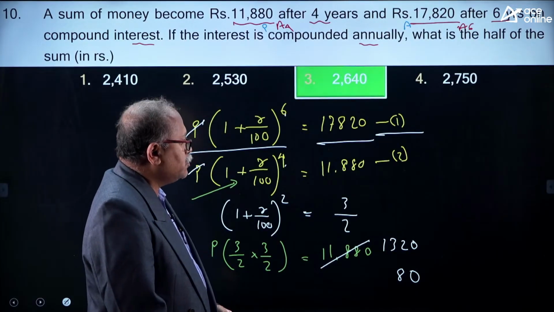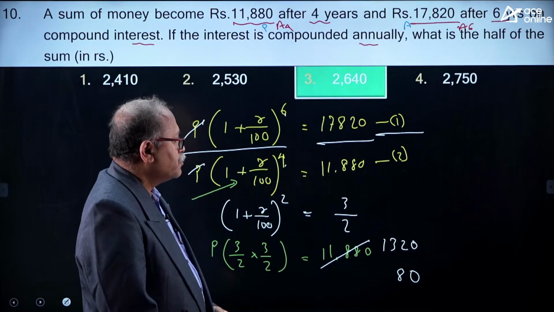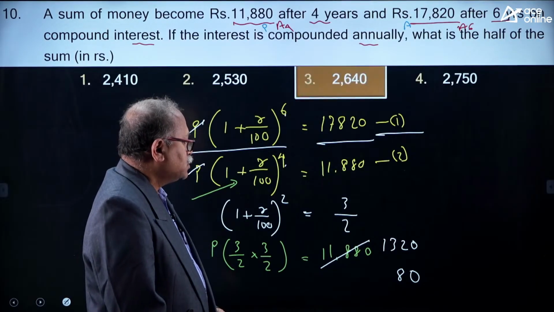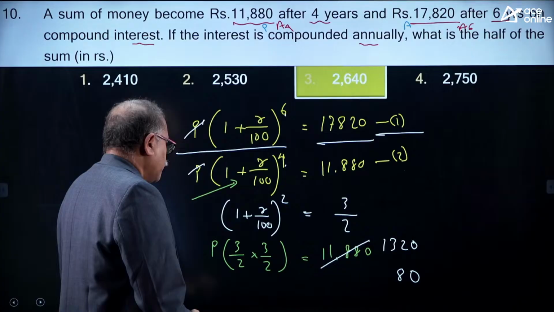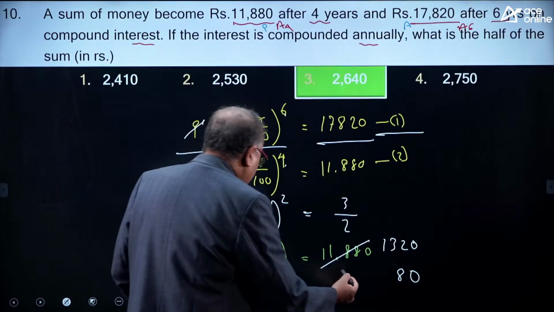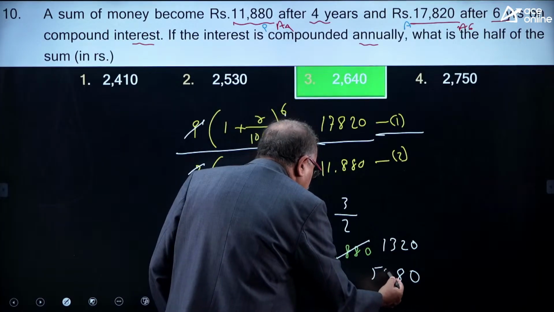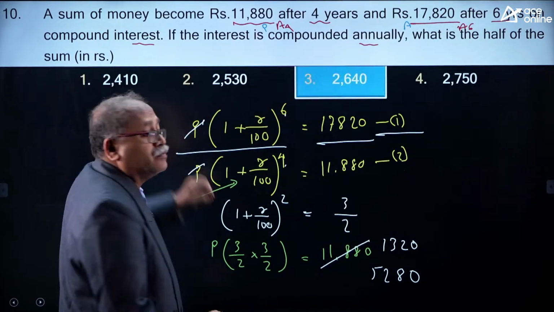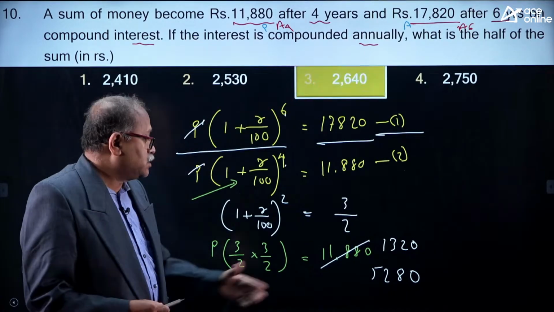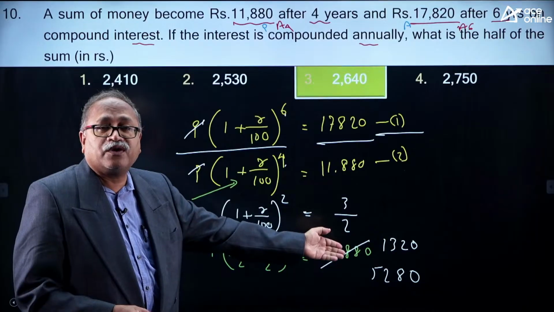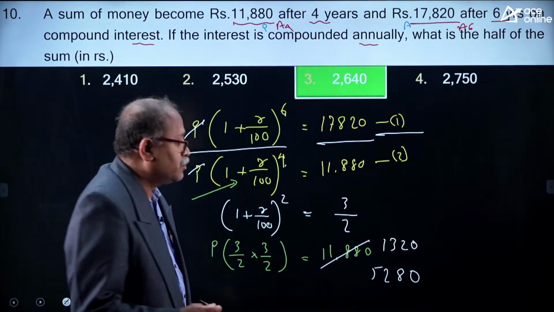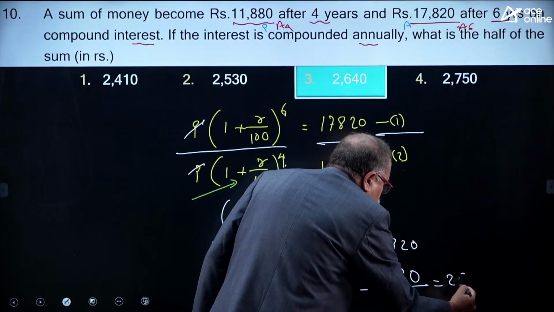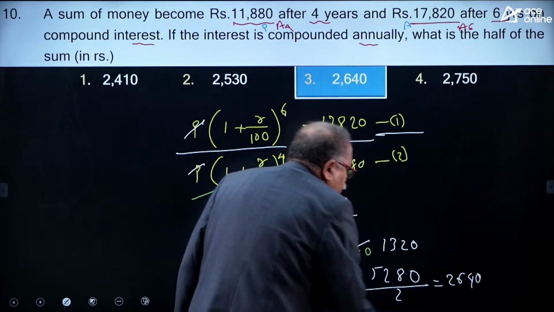Why did you multiply this by 2? 1320, that comes okay, fine. When I multiply this one, 13 4 56, but the question asked is half of the sum. This is the sum. What is half of it? 2640. So, divide this by 2, you are getting 2640.